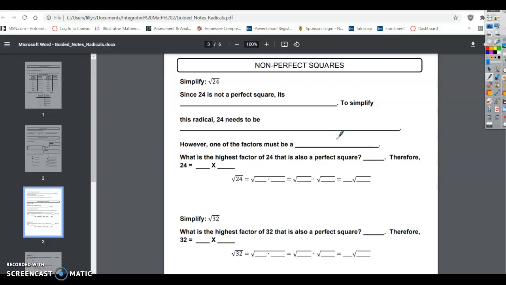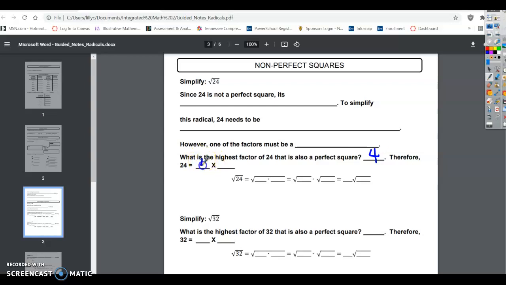All right, so what is the highest factor of 24 that is also a perfect square? Well, if you look at 24, you know that 2 goes into 24, 3 goes into 24, 4 goes into 24, 6 goes into 24, and 8 goes into 24. But when you're talking about perfect squares, 4 is your highest perfect square that goes into 24.